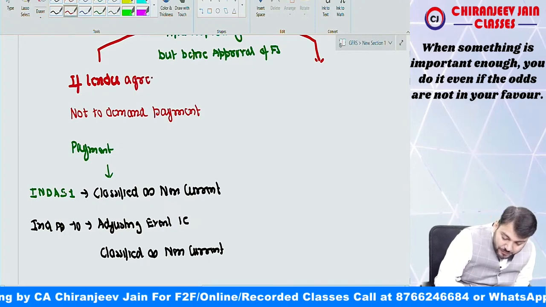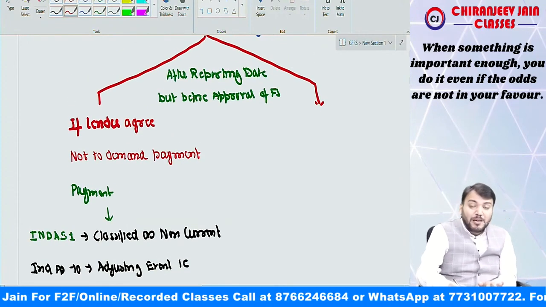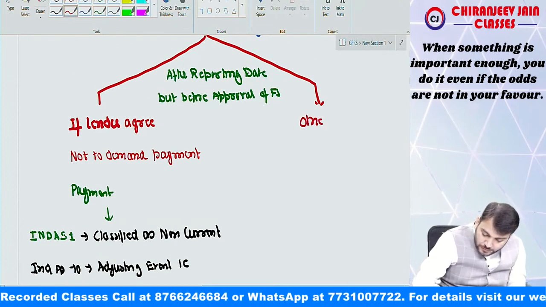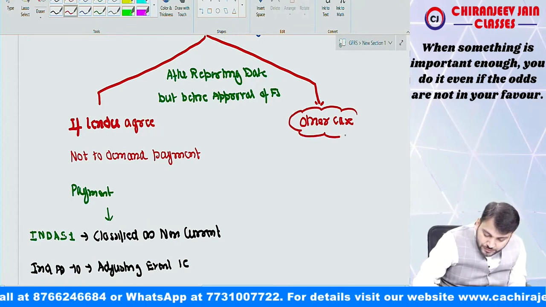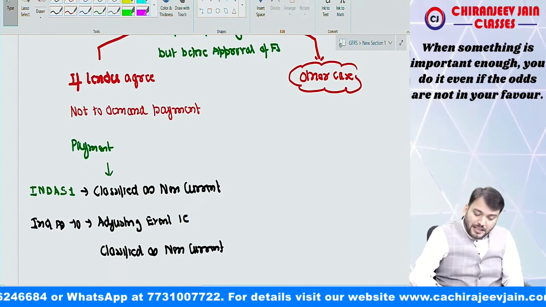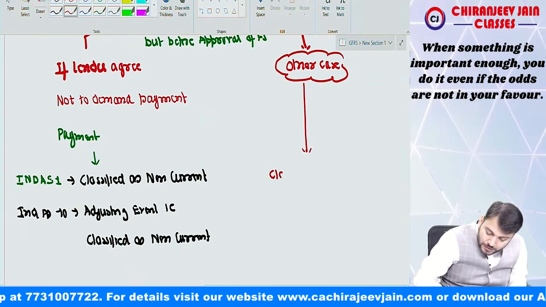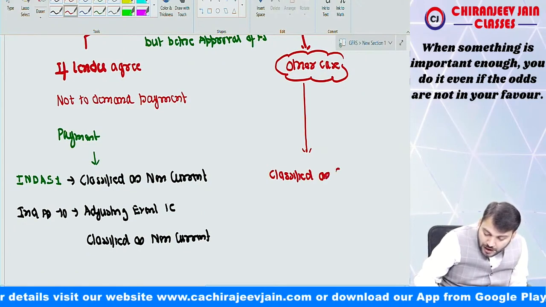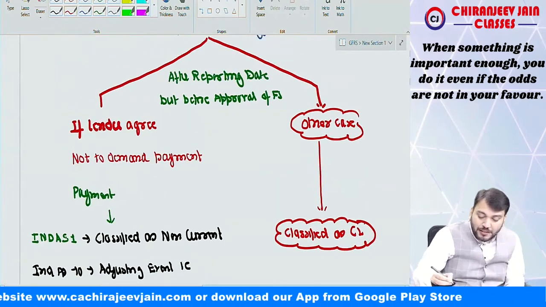But this point will be applicable whenever the lender agrees not to demand payment after the reporting date but before approval of the financial statement. In the other case, it will be classified as current liability.